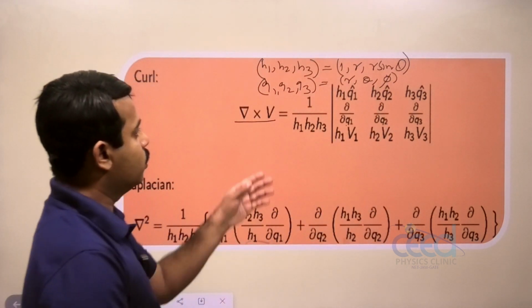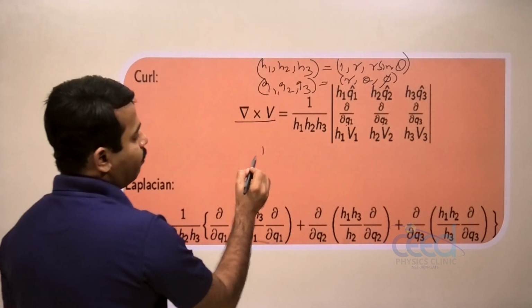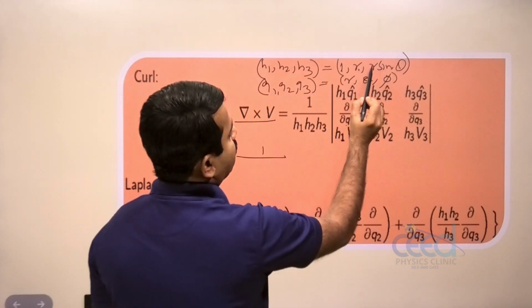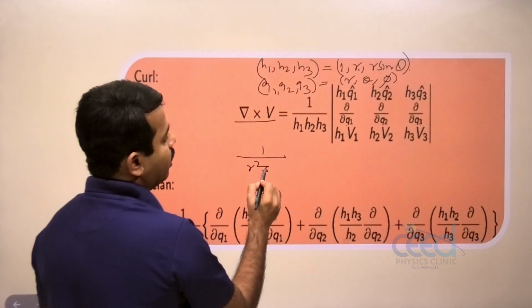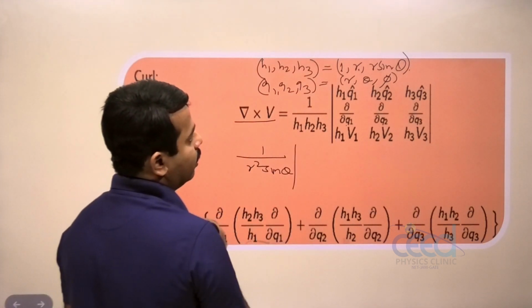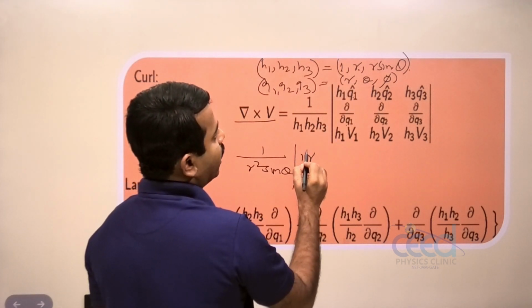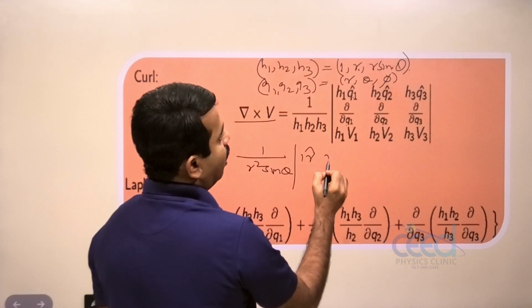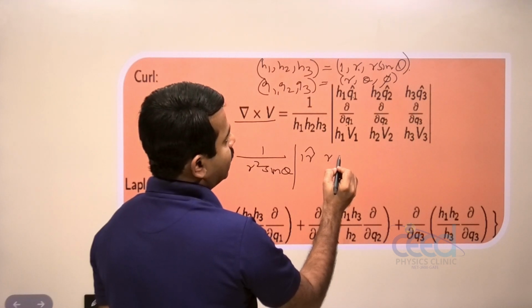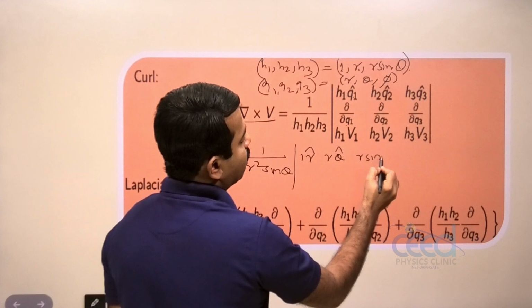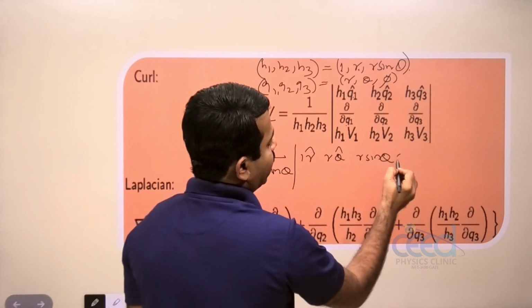Now substitute the values. See, 1 by H1 H2 H3, then 1, R, R sin theta, then R square sin theta. Then H1 again 1, Q1 cap, that is R cap. H2 again R, then Q2 cap, that is theta cap. Then R sin theta, H3, that is phi cap.